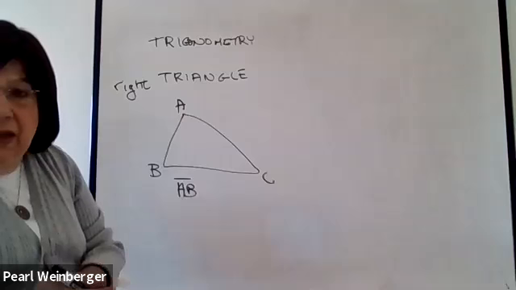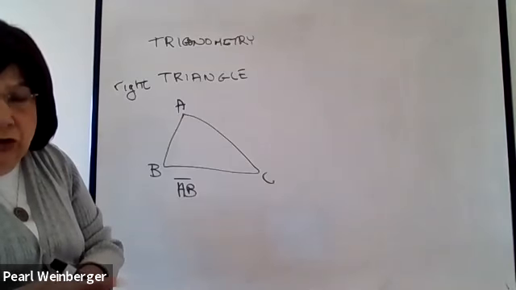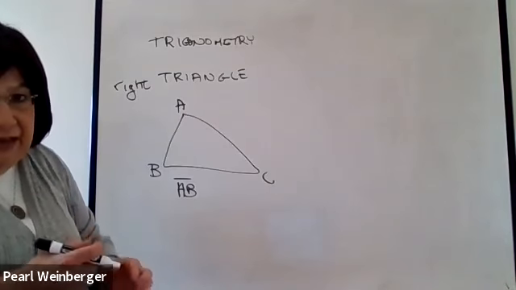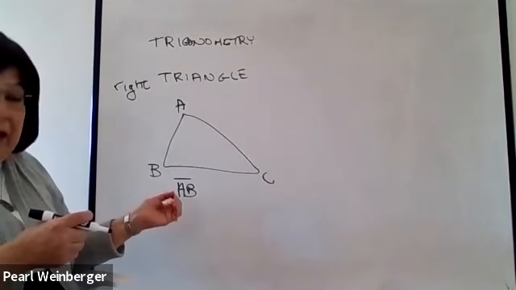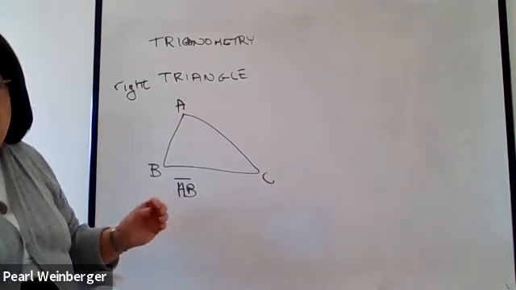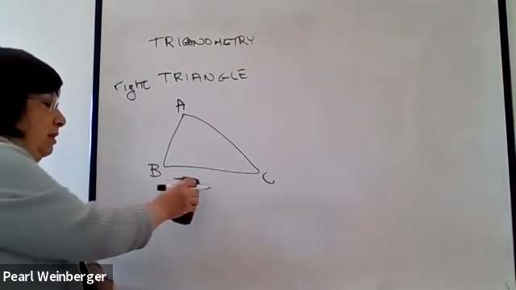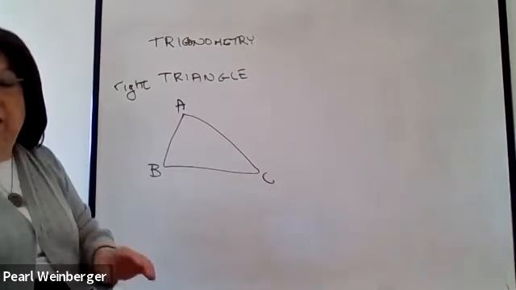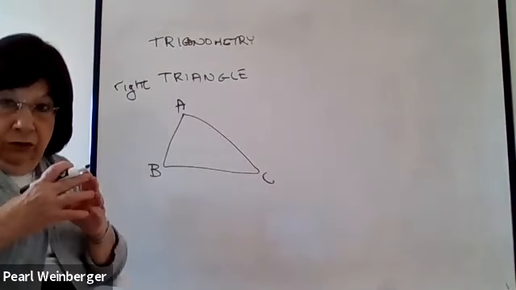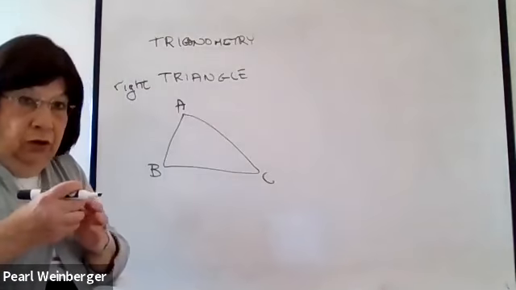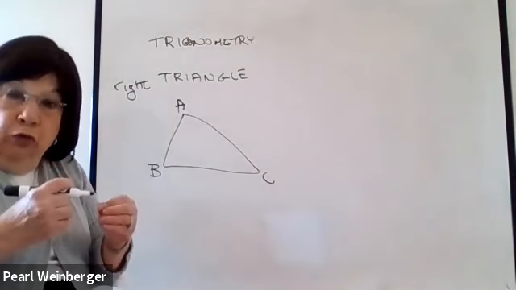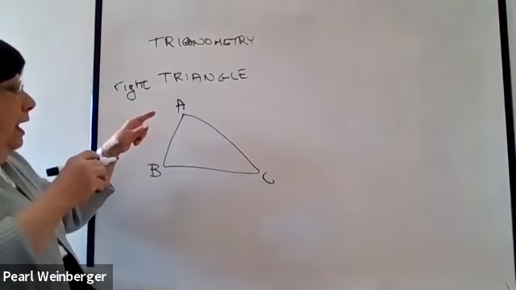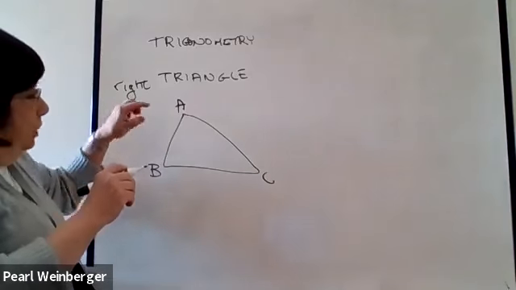So in order to make it a little bit easier for the sides, not to have to use two letters, we have another way of labeling the sides. Since we use capital letters for the angles, we use lowercase letters for the sides, and in a very particular way.